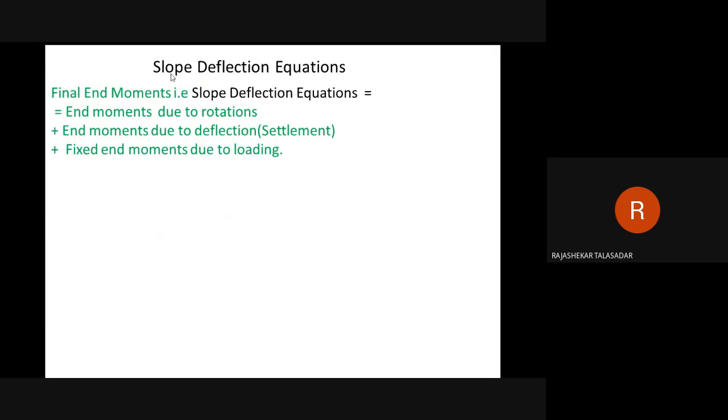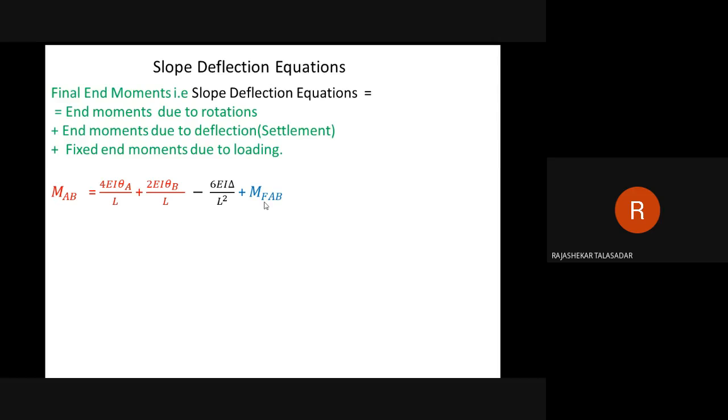You know, the slope deflection equation will be the end moments due to rotations plus end moment due to settlement plus due to loading. Those are called fixed end moments. Now look at this. These two are due to rotations. This is due to displacement.